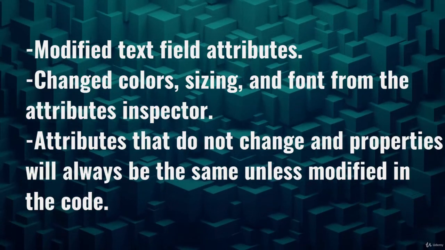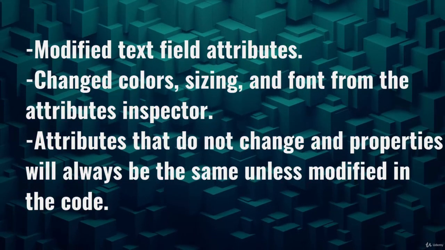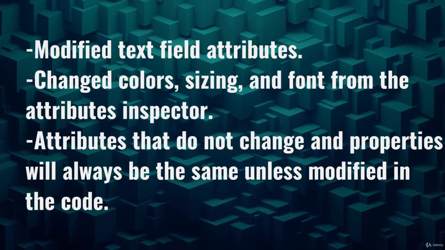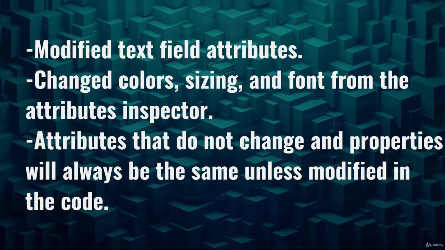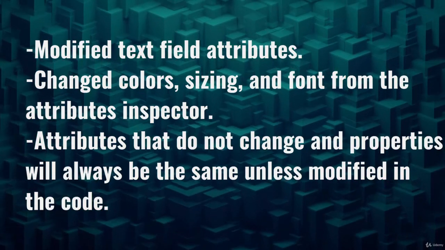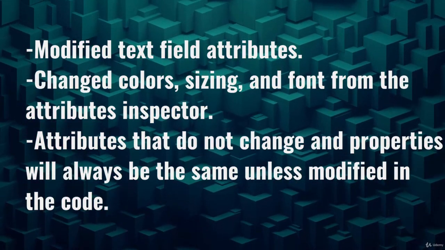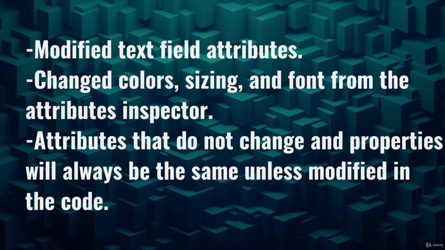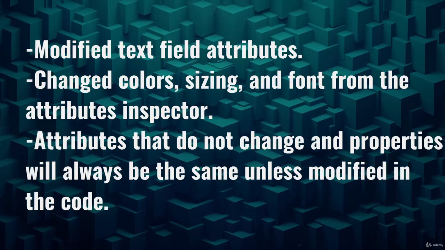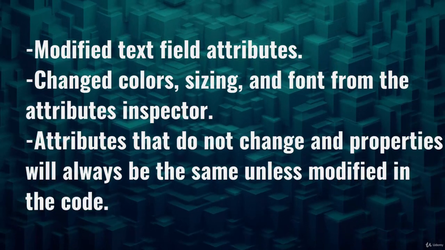So these are attributes that do not change, and these properties will always be the same. So this means when the code runs, regardless of what happens in our app throughout the whole time it runs, these properties will always have the same color, the same size, and the same font, unless we modify these properties in the code in some kind of function. And that's what we'll be looking at in this part coming right up.